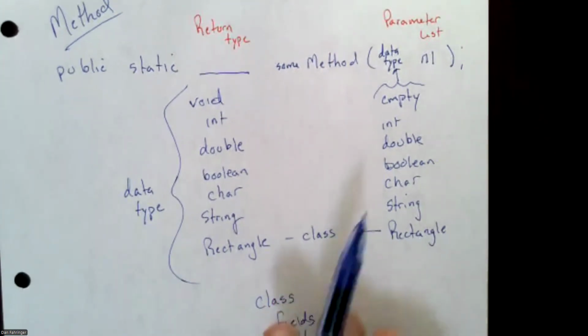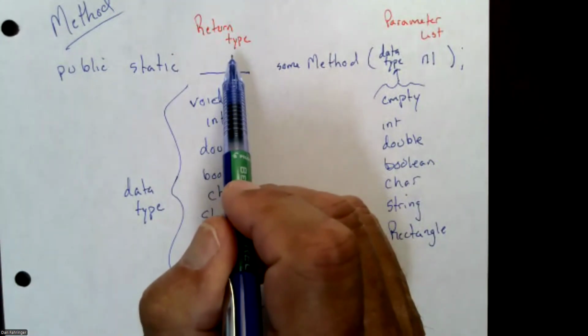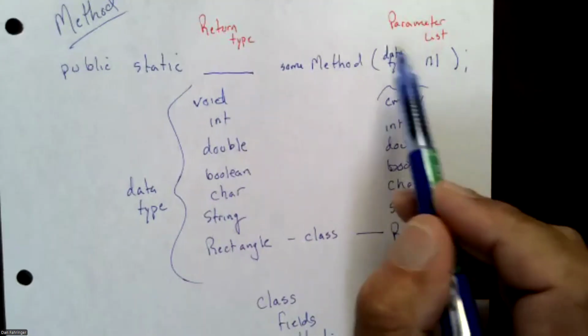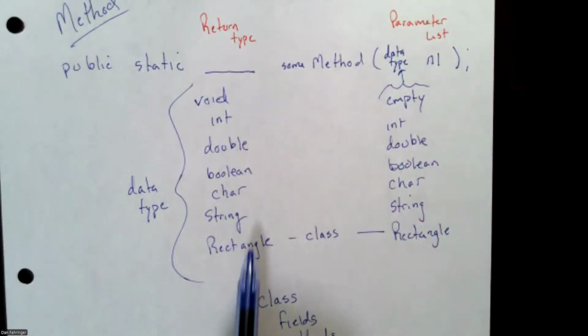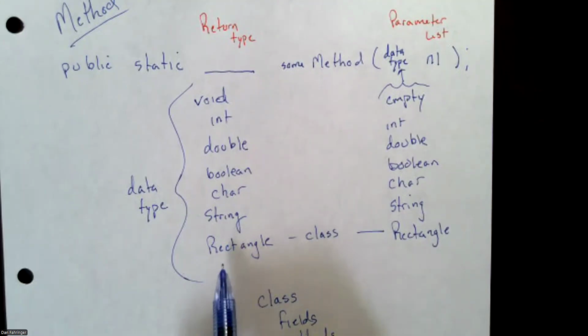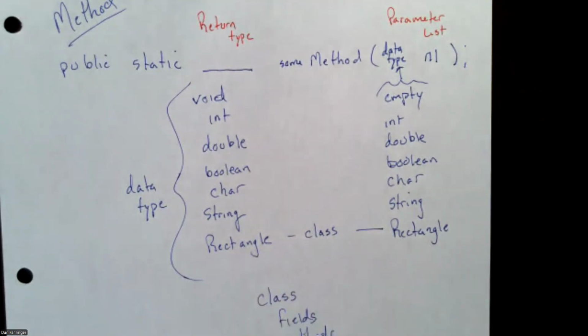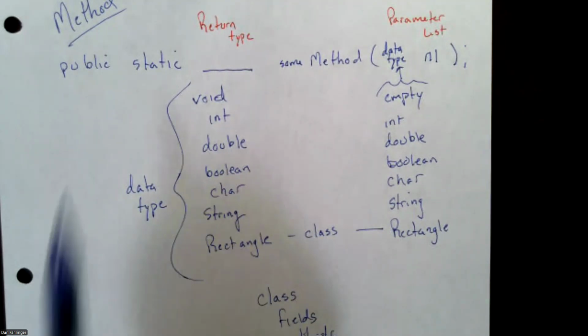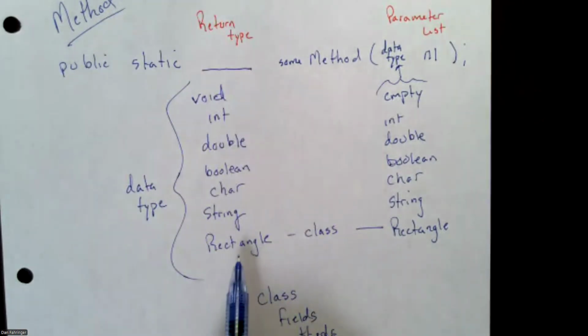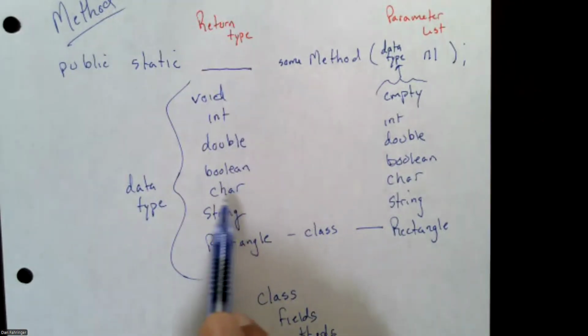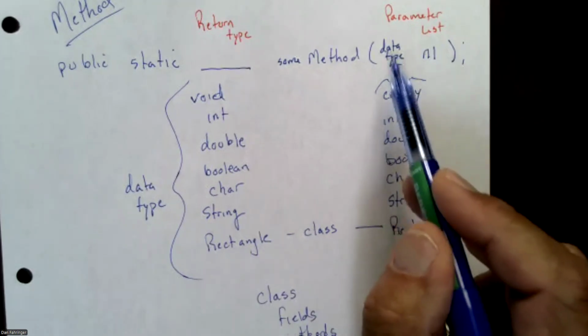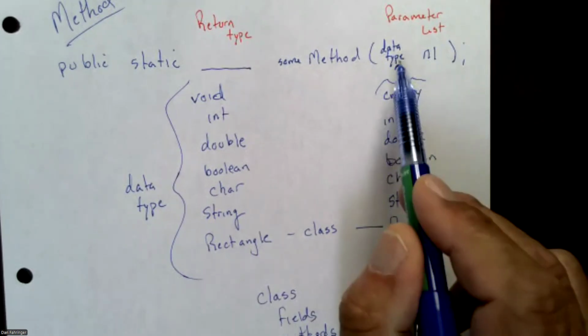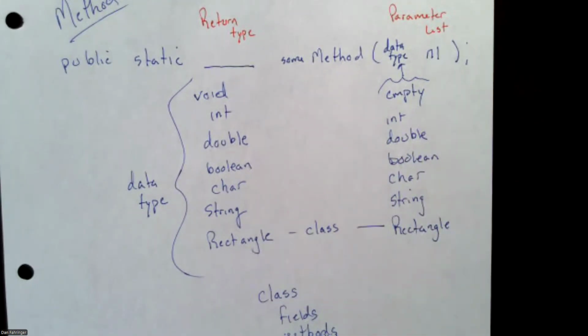Well, now we can have a return type or a variable being passed in that is of our new data type. Our new data type is just being called Rectangle. I could have a return type that would be the address, just like we did here. I could pass a variable in Rectangle and one.